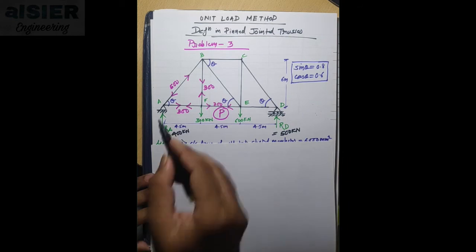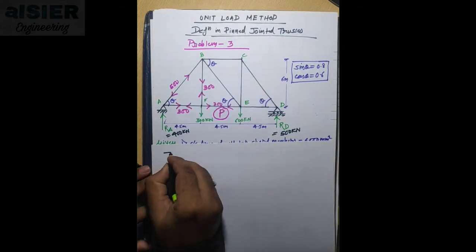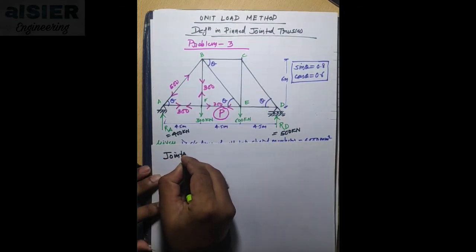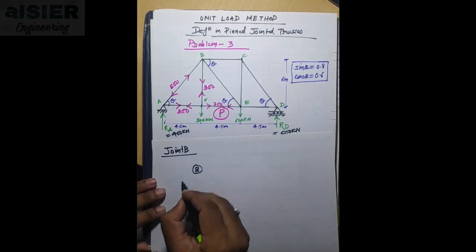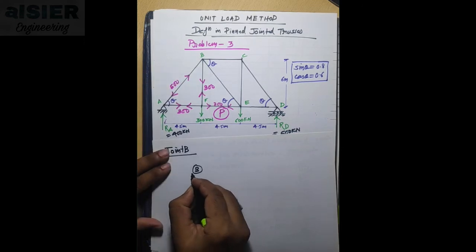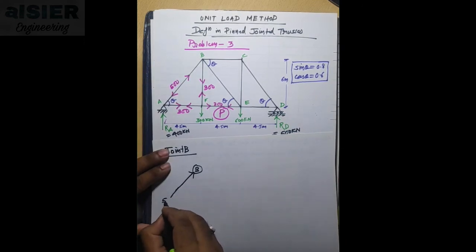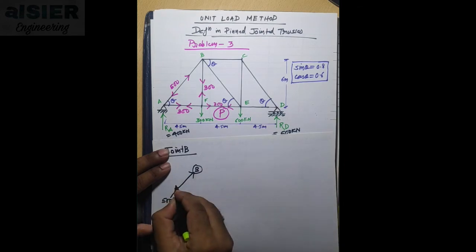So this is joint B. We will draw this. This is B. We know this force which is towards the joint. Okay, this is 500. It will get converted into two components. This is theta.